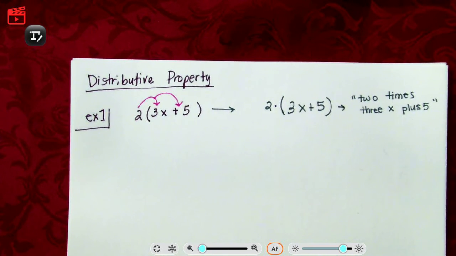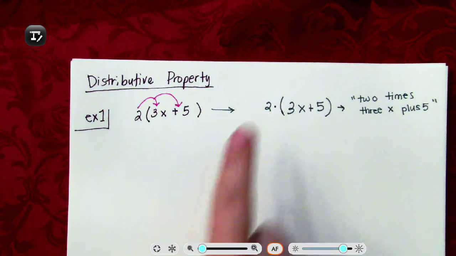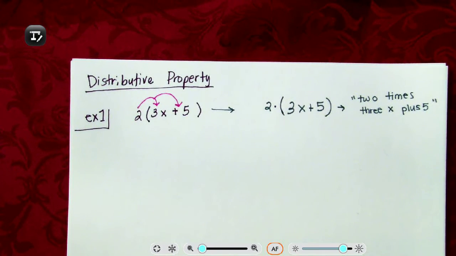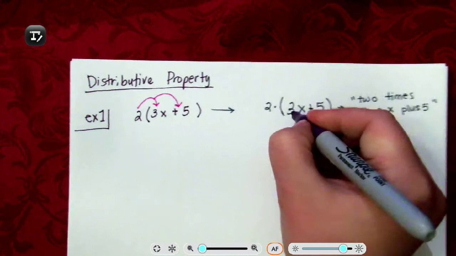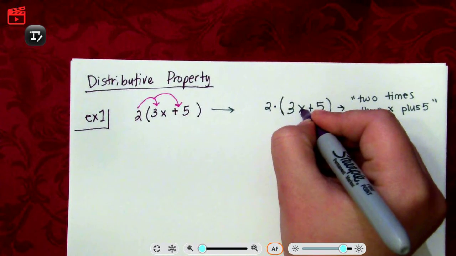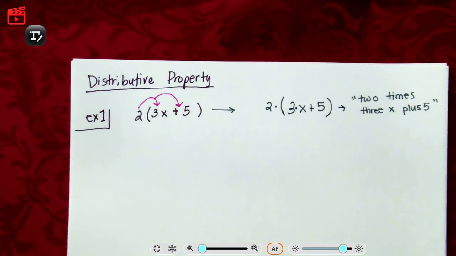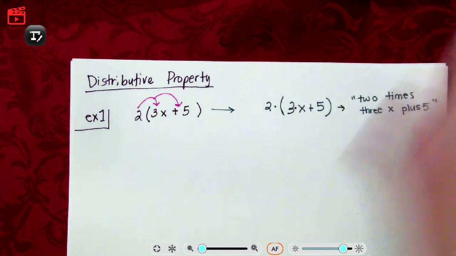But it's there. Anytime you have a number and parentheses and there is no symbol, that means multiply. Same thing here. See how there's a number and an x, but there's nothing in between it? Well, that just means multiply. Okay, let's go back to our combining like terms.